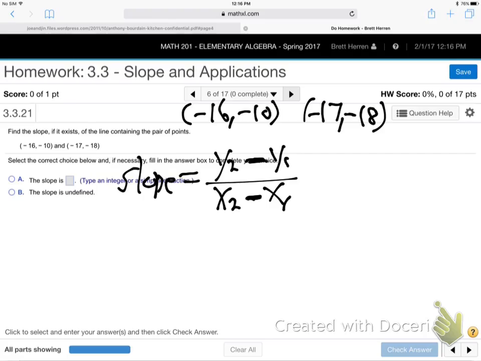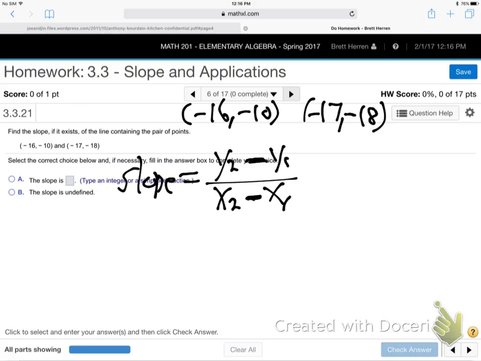Number 3. See how you did the x's on the top on accident? I do the y's on the top.